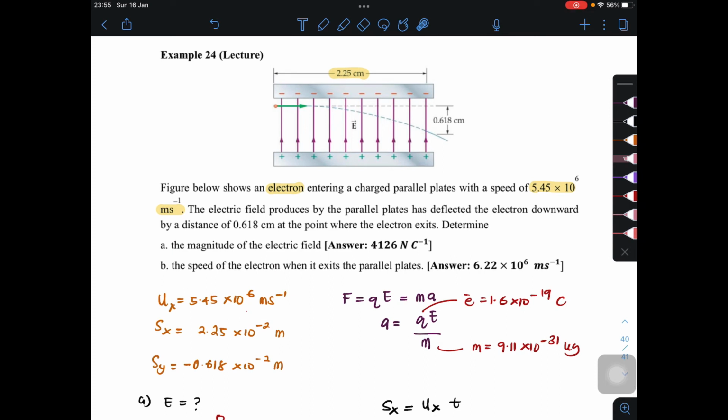Okay, next one, the speed of the electron when it exits the parallel plates. Okay, so apabila the electron exit like this, we will have value for V. So here we need to resolve into two components, Vx and Vy.